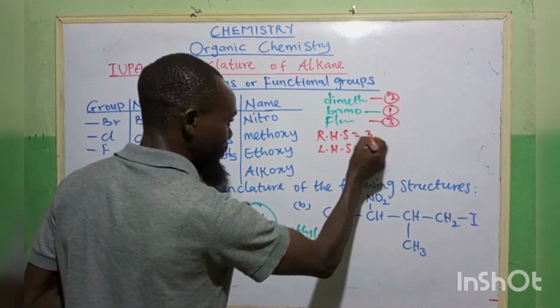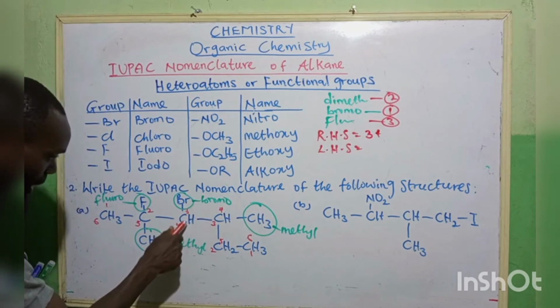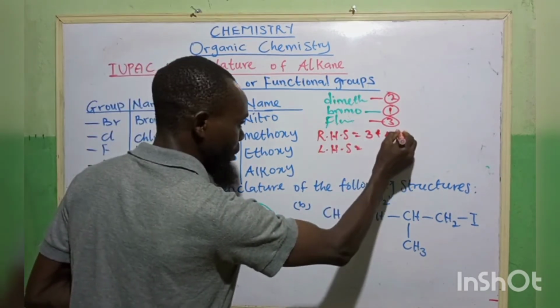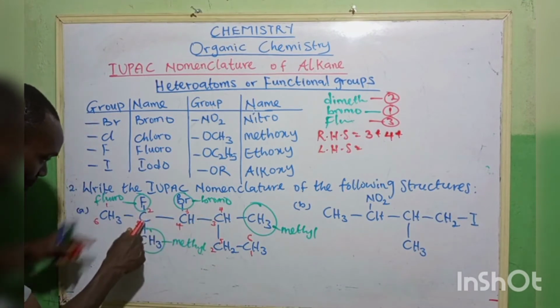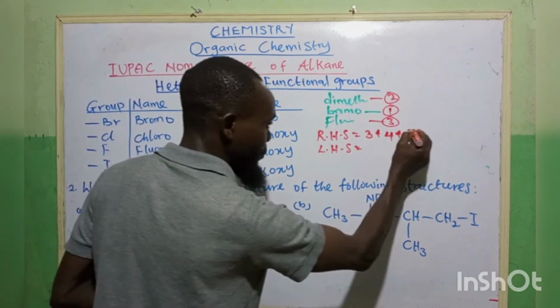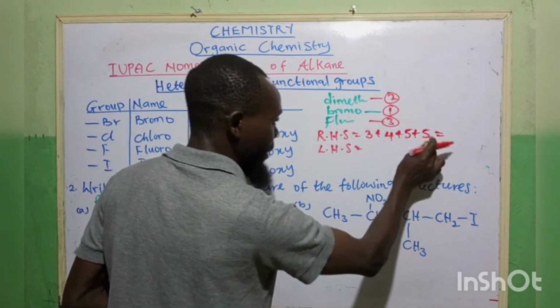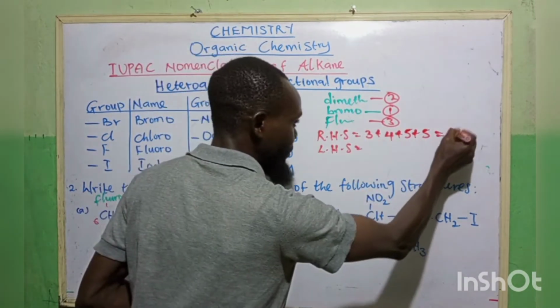That is 3 plus 1, 2, 3, 4, on the fourth carbon, plus 4, plus 1, 2, 3, 4, 5. We have 2 of the attached groups on the fifth carbon. That is 5, 5. 5 plus 5 gives 10, plus 4, 14, plus 3, 17.